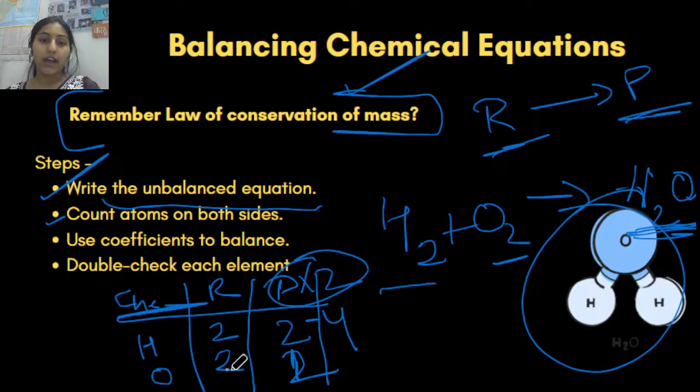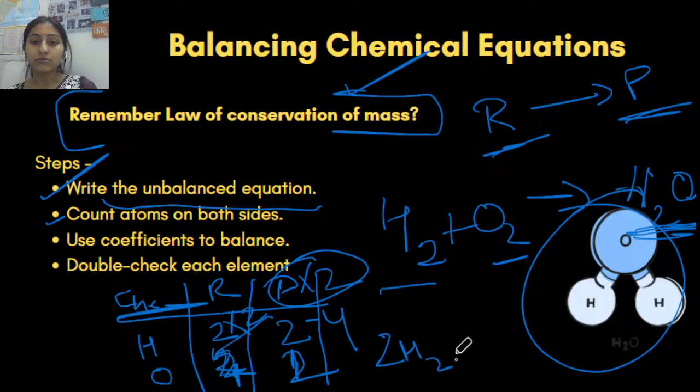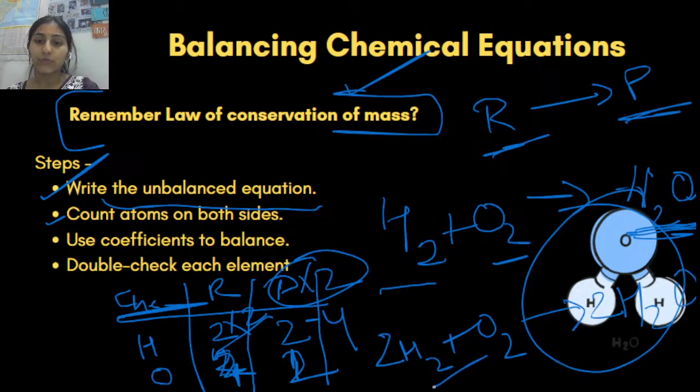To balance this, the oxygen atoms would need to be 2, so we have to make it 2 now. Now we will multiply this with 2 as well, and hence the balanced chemical reaction would be 2H2 plus O2 gives 2H2O.